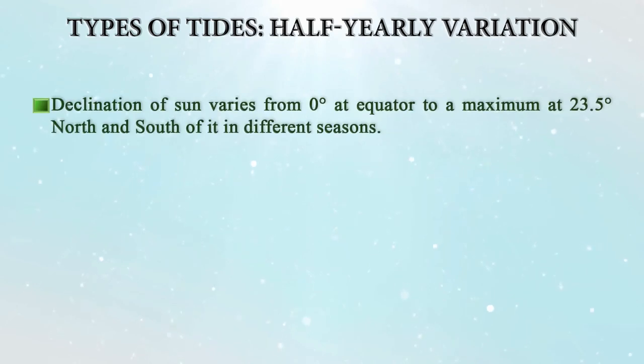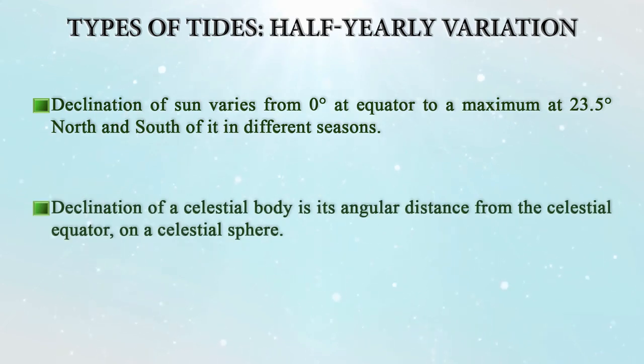We also see half yearly variation, which is due to declination of the sun, which varies from 0 degrees at the equator to a maximum of 23.5 degrees north and south of the equator. Declination of a celestial body is its angular distance from the celestial equator on a celestial sphere.